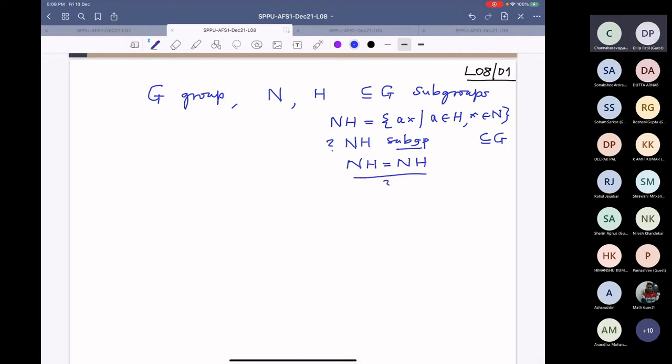But how do you check this equality? Is there any better answer? Anybody knows a better answer?